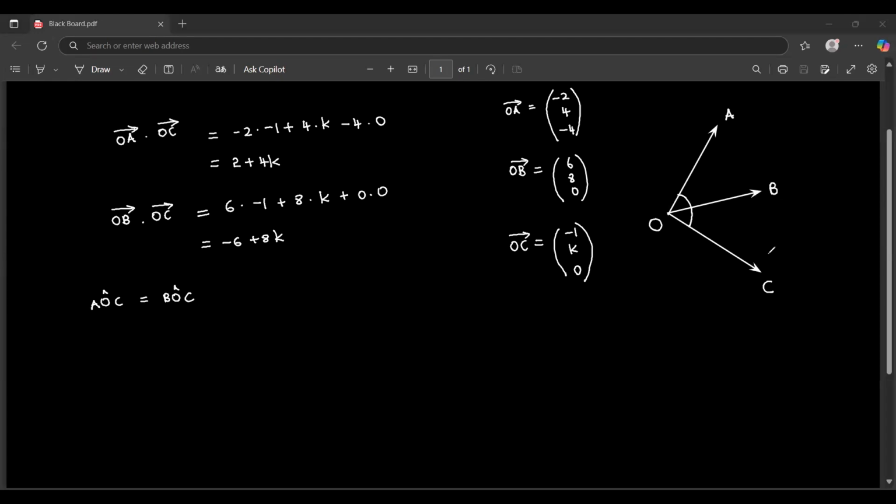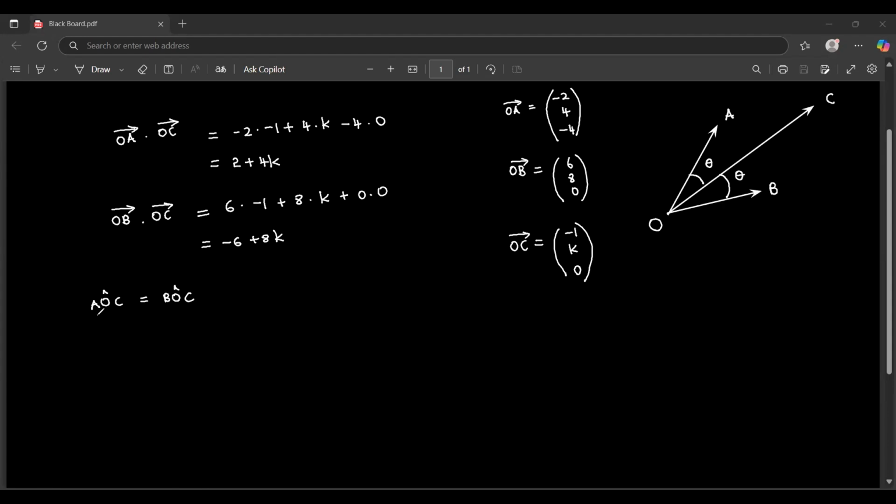So C must be somewhere here. I don't know exactly where, but I can say that C will equally bisect the angle AOB. So if this is X, they are saying this angle is also X. Instead of using X, I'm going to say this is equal to theta.